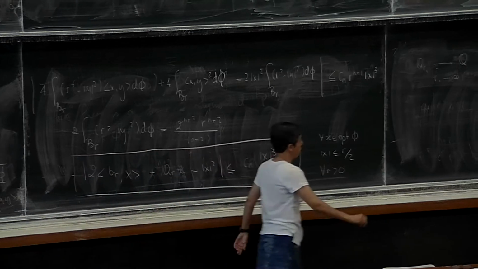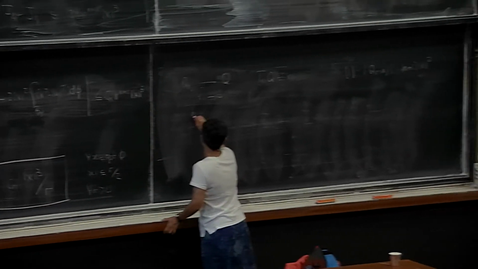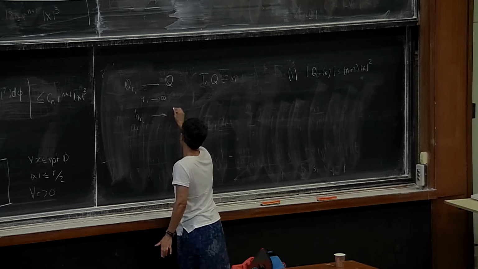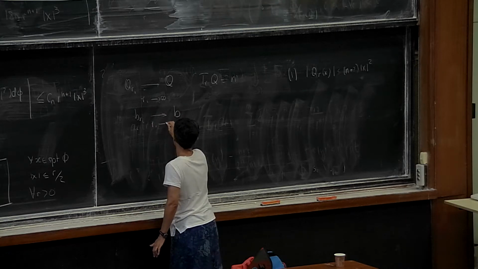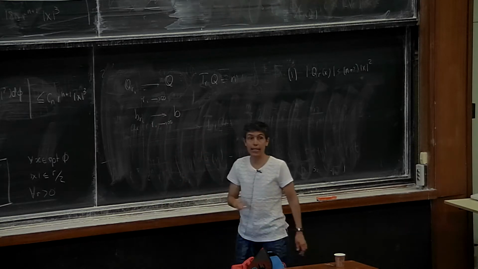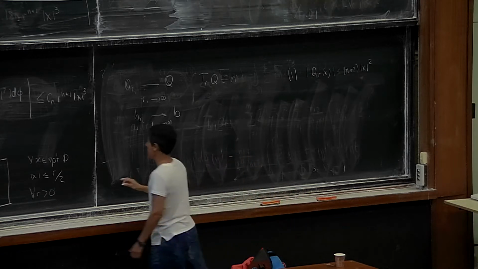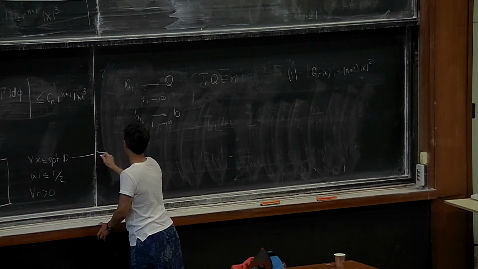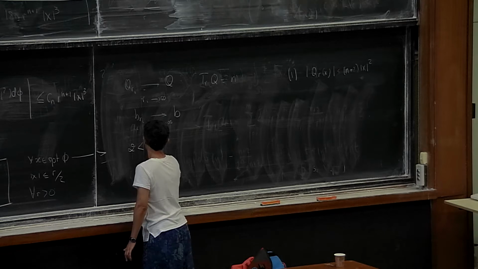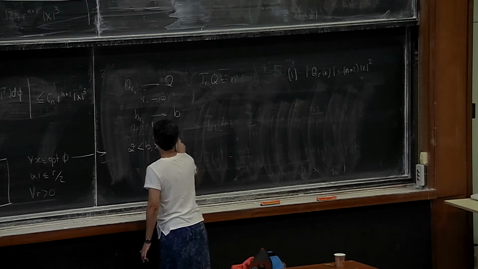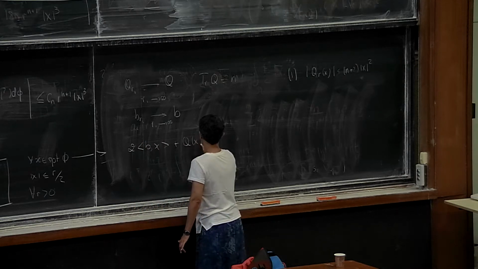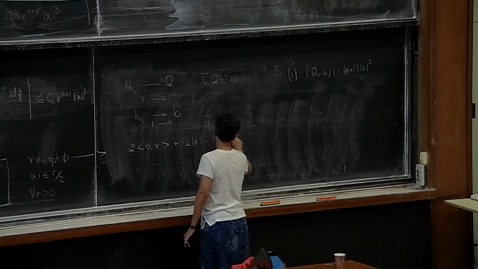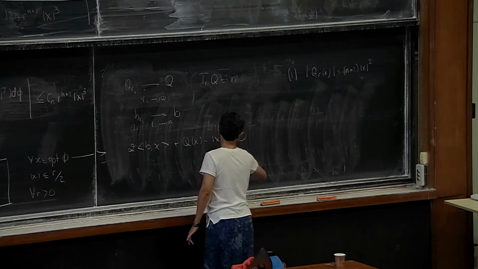Without too much effort, you can prove that B(r_i) also converges to something. And therefore you obtain that for every x in the support, 2 B·x plus Q x minus x² equals 0.